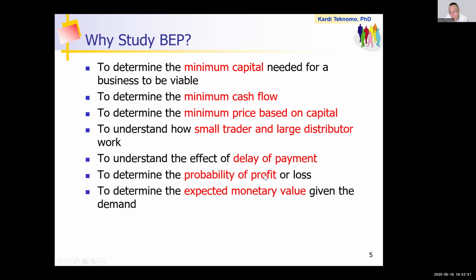What is the probability of profit and loss? And what is the expected monetary value, EMV, for the given demand? This will all be answered in this topic.